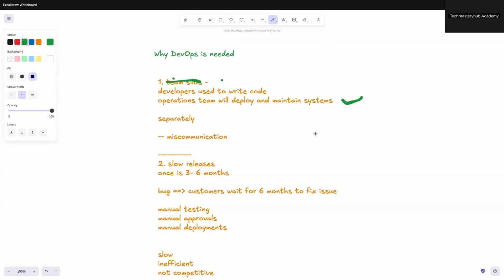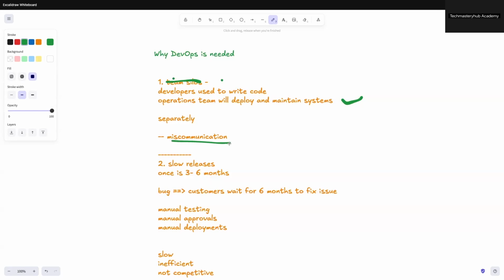Let's understand with a simple example. A developer says, my code is working perfectly on my machine. But when it goes to production, the operations team says the application is crashing. Now both teams start blaming each other because there is no proper communication.